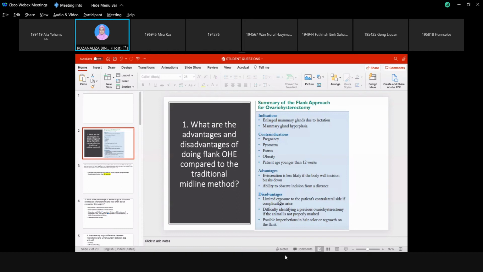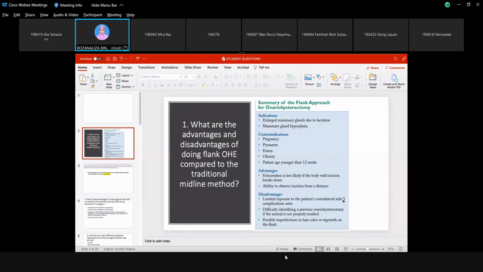The disadvantages: limited exposure to the contralateral side, meaning that when you put a patient on left recumbency, the right side is on top.